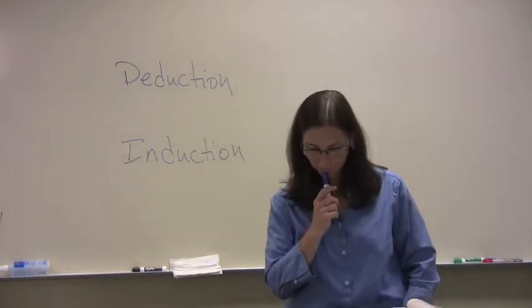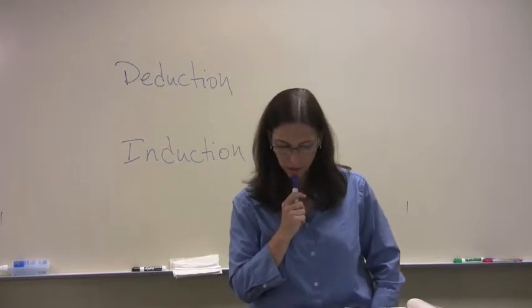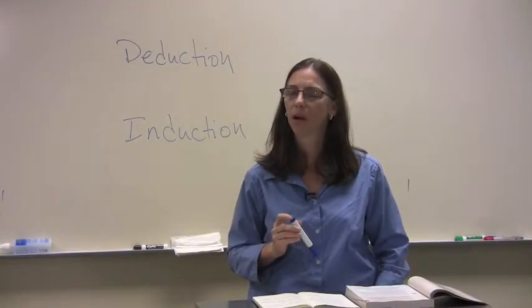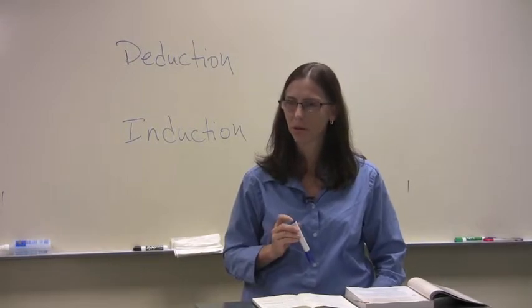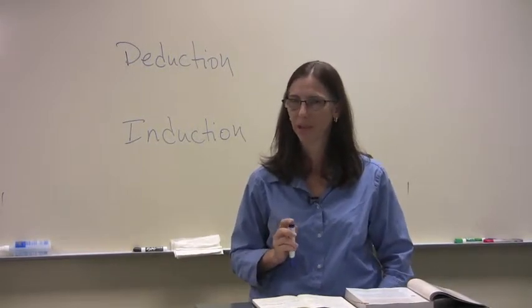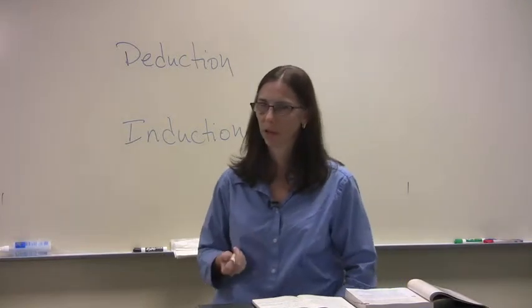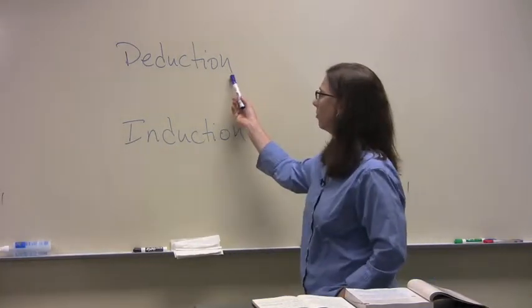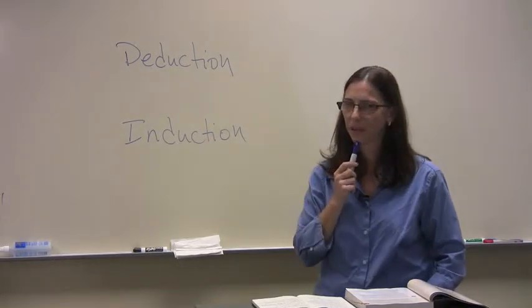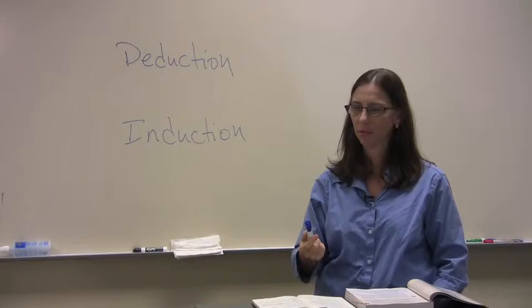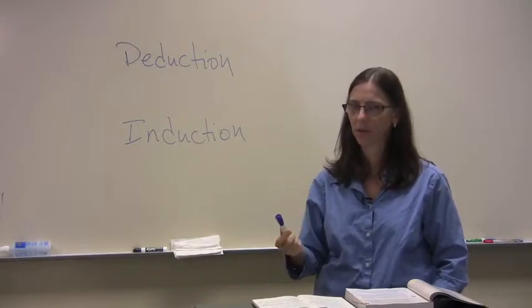Deduction. In deduction, it is impossible for a conclusion to be false if the premises offered for it are true. I'll say that again. In deduction, if the premises are true, it is impossible for the conclusion to be false.